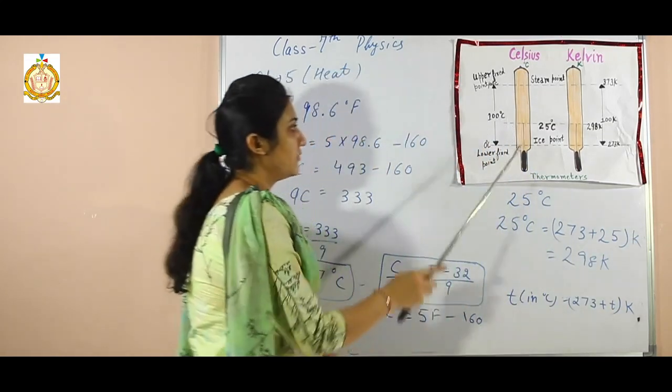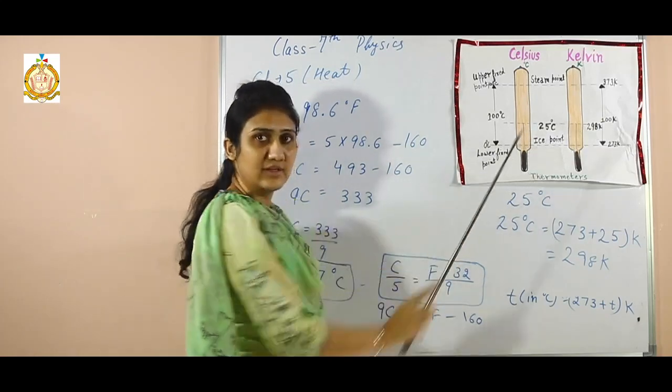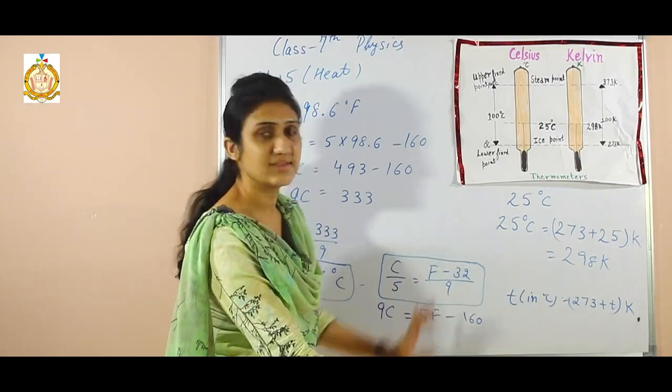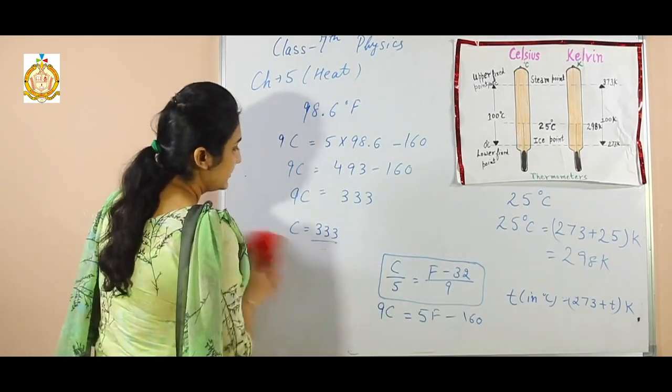So from here you can see 25 degrees Celsius equals to 298 Kelvin, and solve the numerical in this manner. Next we shall discuss about effects of heat.